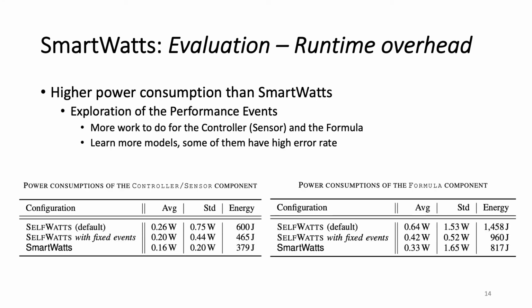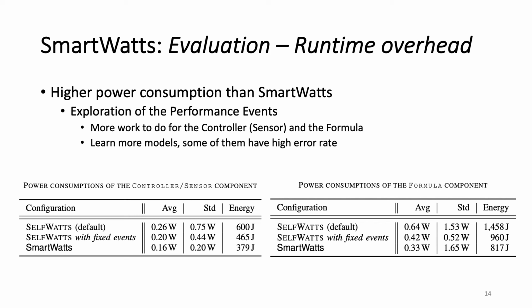To evaluate the runtime overhead, we use the power estimation of the SelfWatts and SmartWatts components, and we can see on the 2 tables that SmartWatts consumes less than SelfWatts, which is expected because SmartWatts has a lot less to handle. It does not do the exploration of the performance events and does not check the relevance of the performance events.